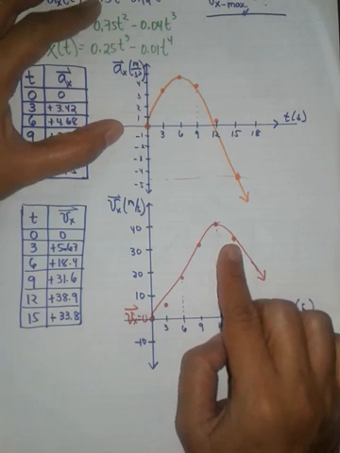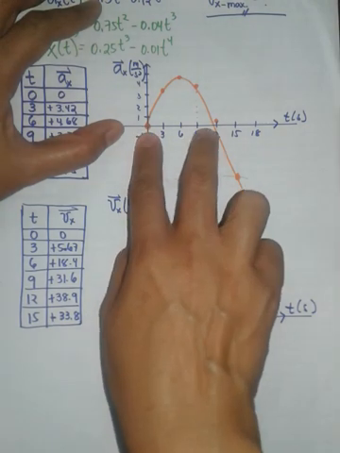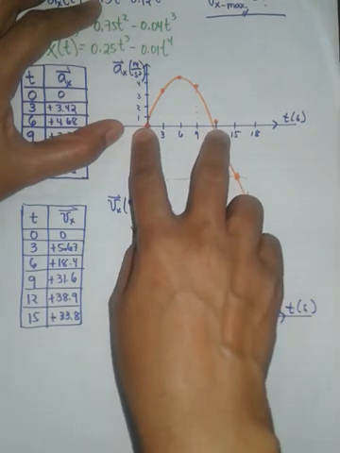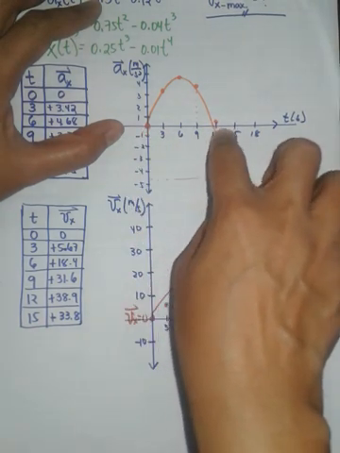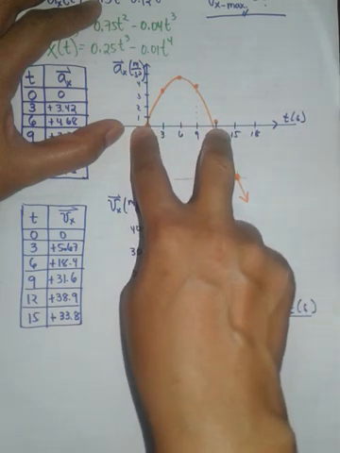So, meaning to say, from 0 to 12, you have positive velocity, hindi pa natin masure kung ano talaga yung time na dyan, around 12, positive acceleration.